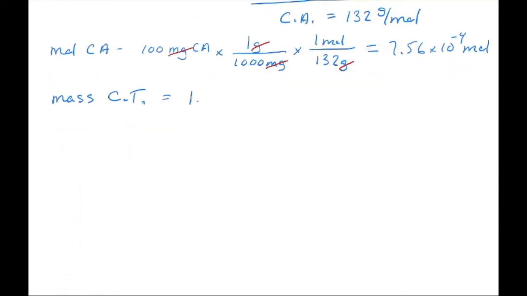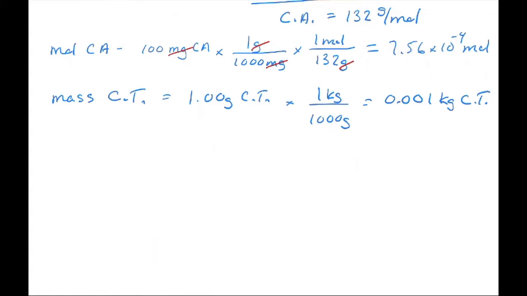So 1.00 grams of carbon tetrachloride times 1,000 grams per 1 kilogram. So that's going to give us 0.001 kilograms of carbon tetrachloride.